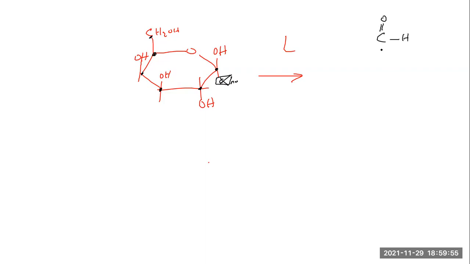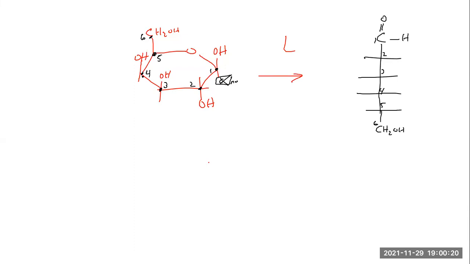So that is 1, and then that would be 2, 3, 4, 5. And we know that carbon number 6 is going to be on the bottom, which allows us to number counterclockwise. And again, this would be carbon 1, carbon 2, carbon 3, carbon 4, carbon 5, and carbon 6.